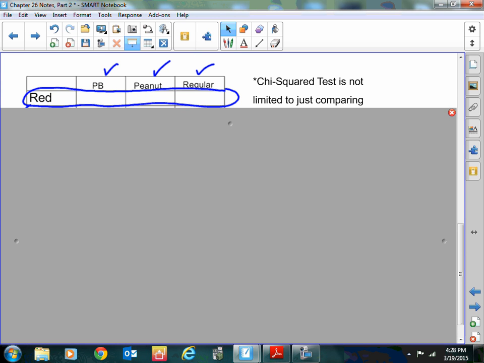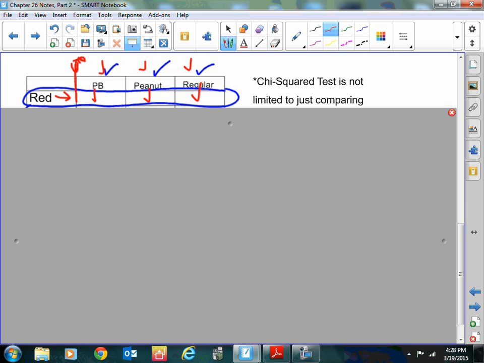You could do this problem as a chi-squared test. Turn your head sideways. Here is the red, and here is what I observed in this group and this group. And then here is what I expected to happen in each group if they were all the same.